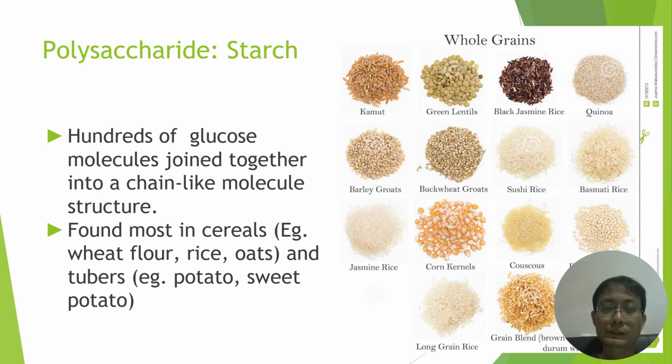So for starch, basically it is made up of hundreds of glucose molecules chemically joined together to form a chain-like molecule. It can be found in most cereal and tubers. Tubers refer to your potatoes and sweet potatoes. These are what we know as starchy food.